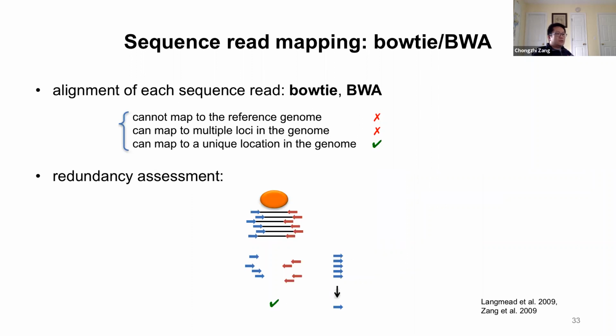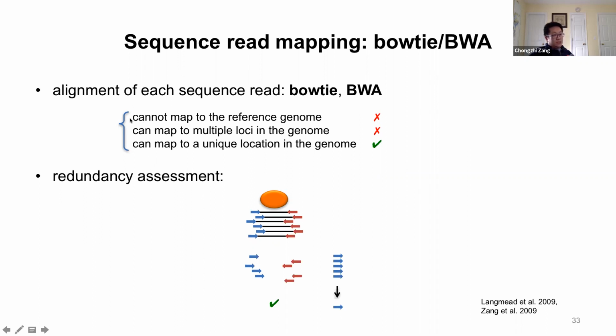So for sequence read mapping using Bowtie or BWA, our strategy is that we only want to keep the sequence reads that can be uniquely mapped to a certain unique location in the genome. That's coming back to the early days of the sequencing experiments.